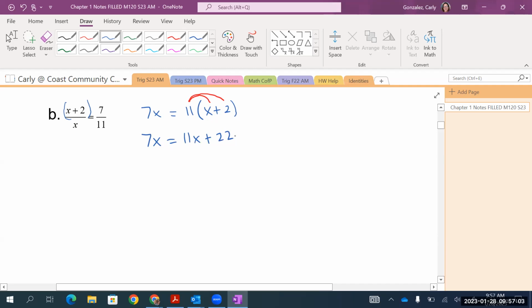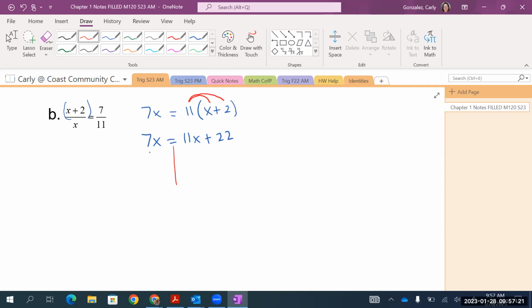Now, again, we have variables on both sides of our equation. So we can subtract 7x from both sides, or we can subtract 11x from both sides.